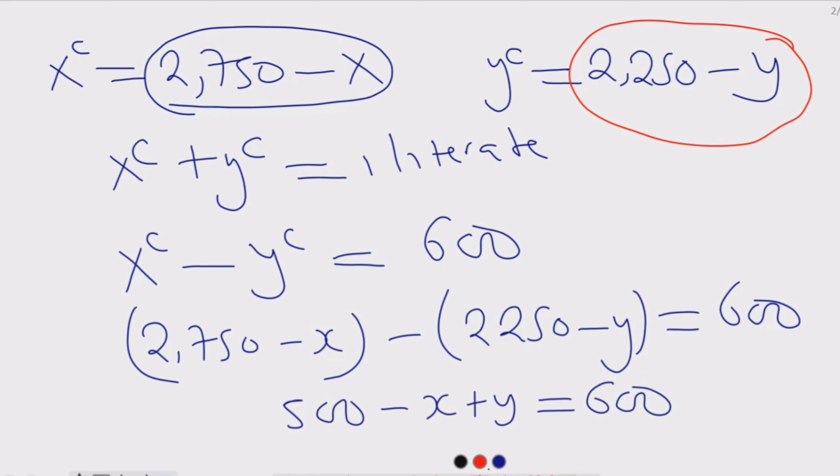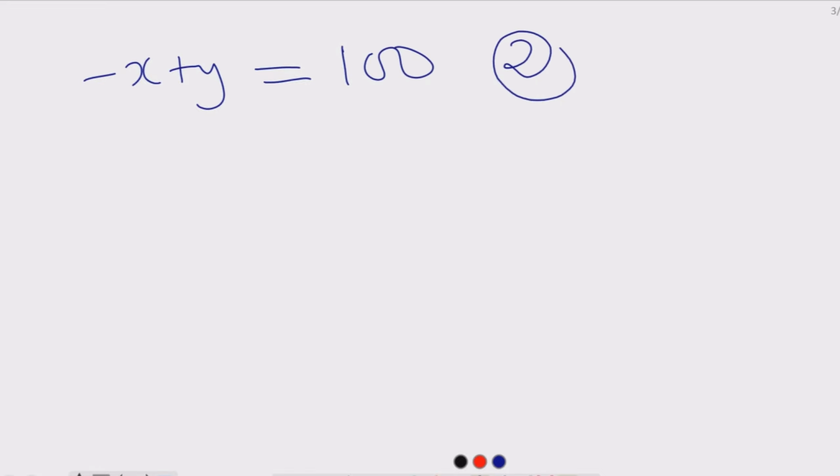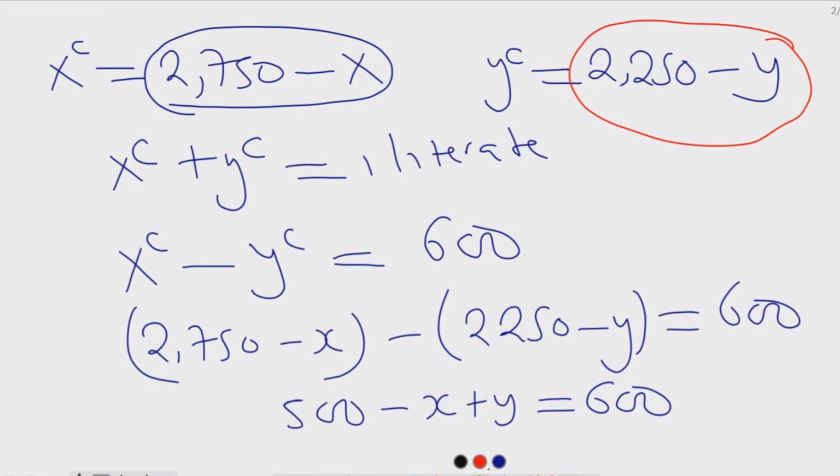Collecting like terms, minus X plus Y is equal to 600 minus 500, which gives us 100. And this is equation 2. Since when 500 crosses the equal sign it becomes a negative number, it will be 600 minus 500.